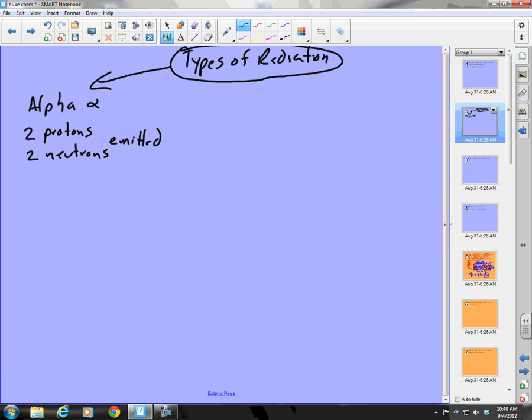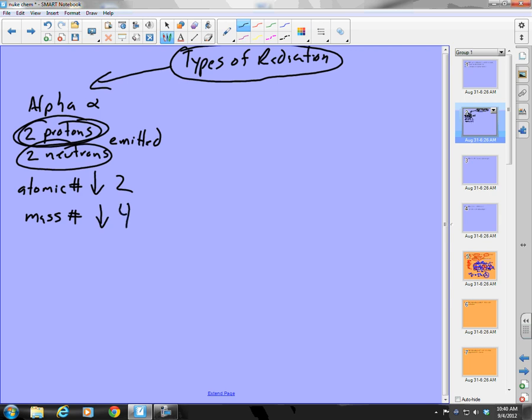What's that do then to my atomic number? Well, if 2 protons are spit out, it drops by 2. What happens to my mass number? Well, remember, the mass number is defined as the number of protons and neutrons. If I lose 2 protons and 2 neutrons, it drops by 4. Excellent. Now, what has actually been spit out?